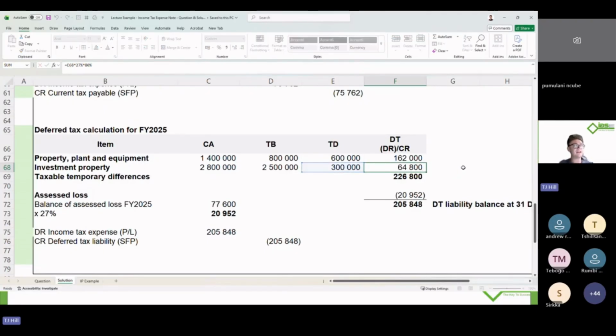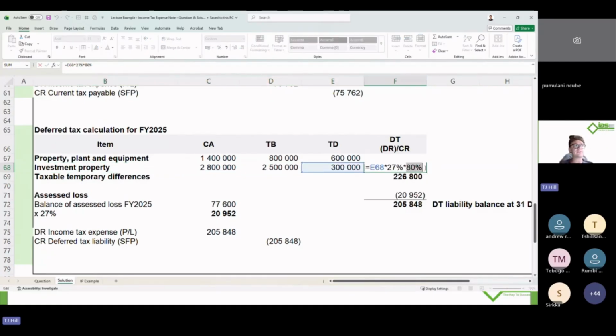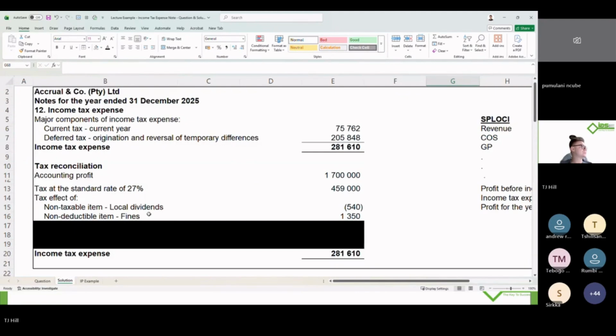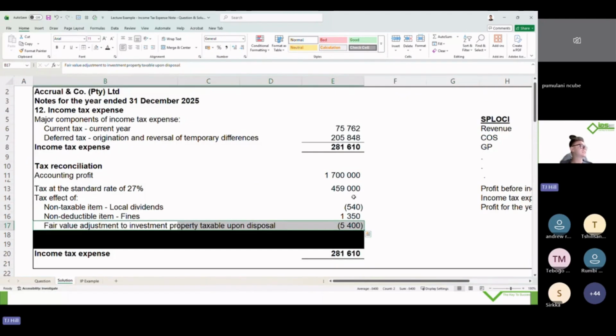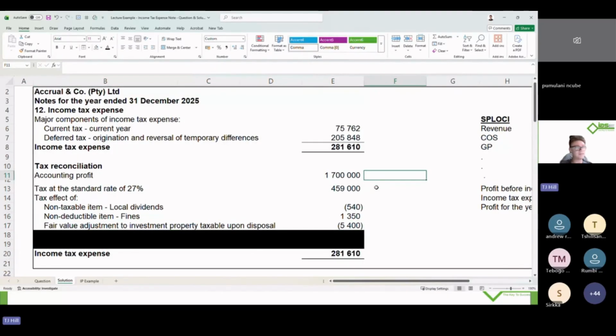But the problem is here that when I did my deferred tax calculation, I taxed it at a rate of 27 times 80%, which is the 21.6% tax rate here. What did the user do? Okay, the user went and said, of that fair value adjustment, I'm going to multiply it by 27%.